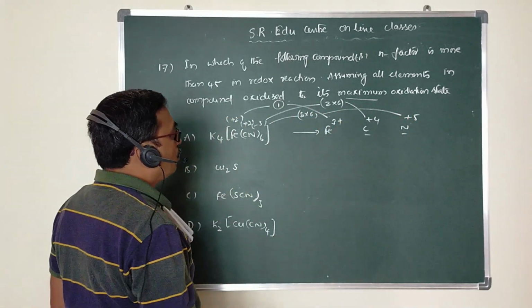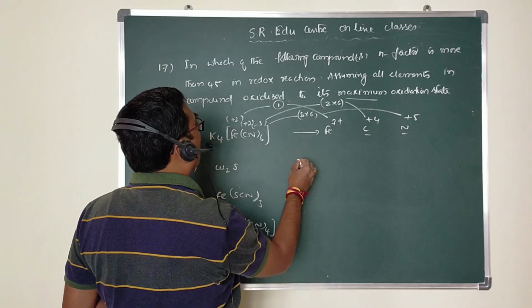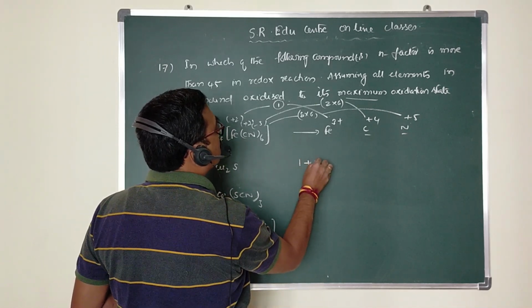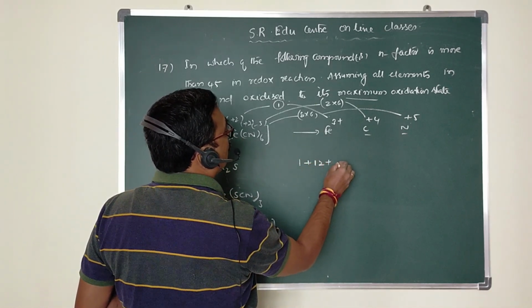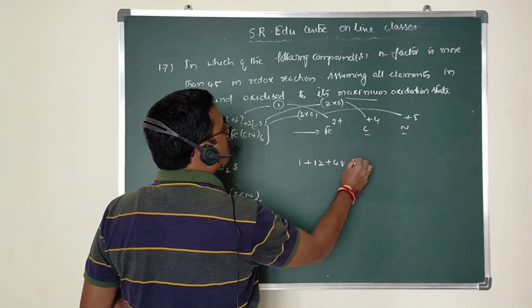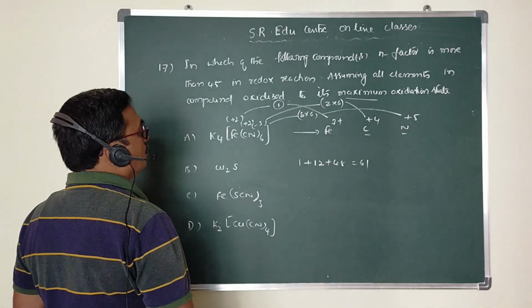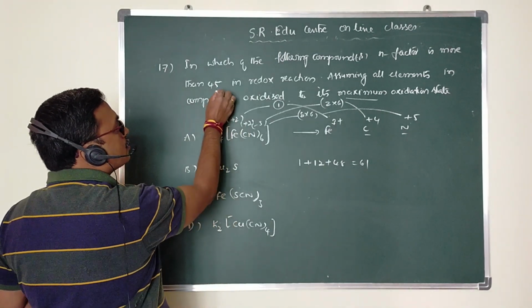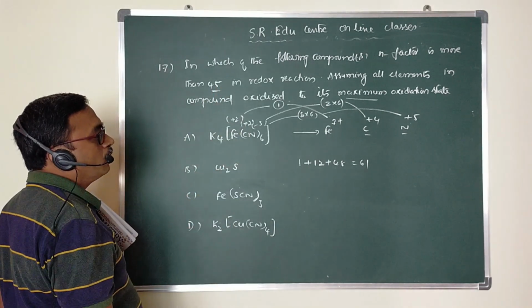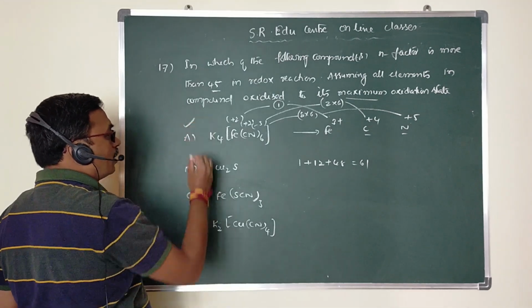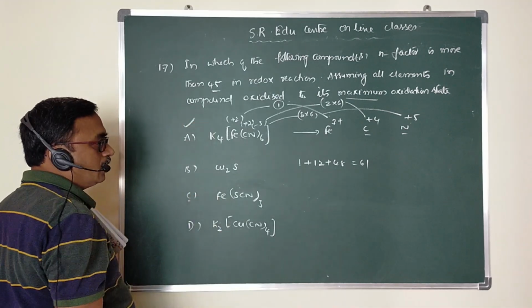So the total change is 1 plus 12 plus 48, that is 61. So the N factor here is 61. Here what is asked is more than 45. The N factor should be more than 45. Therefore A is correct. Now consider C.